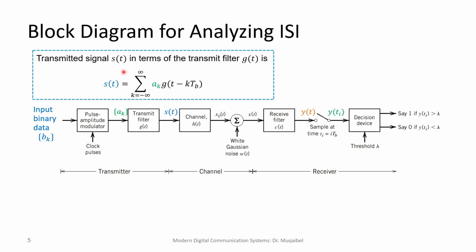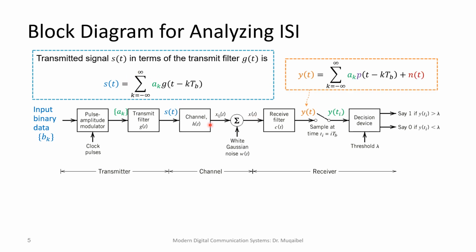So the transmitted sequence will be, in fact, the sum of all possible pulse shapes. So we're summing from k equals minus infinity to infinity, with the pulse shape, of course, delayed at multiples of the bit duration, and scaled by the proper amplitude. That's what we get as S of t. Now, at the receiver side, we will get the pulse shape after the matched filter.